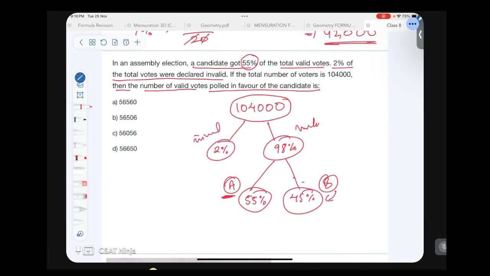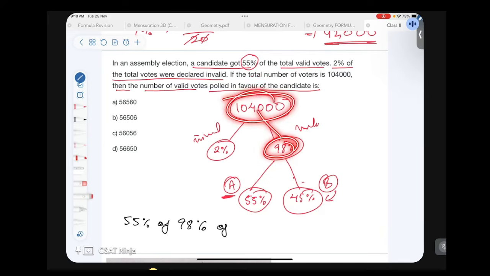How do you find this? The formula is this. Since this one is asked, I'll go this way. 55% of 98% of how much?